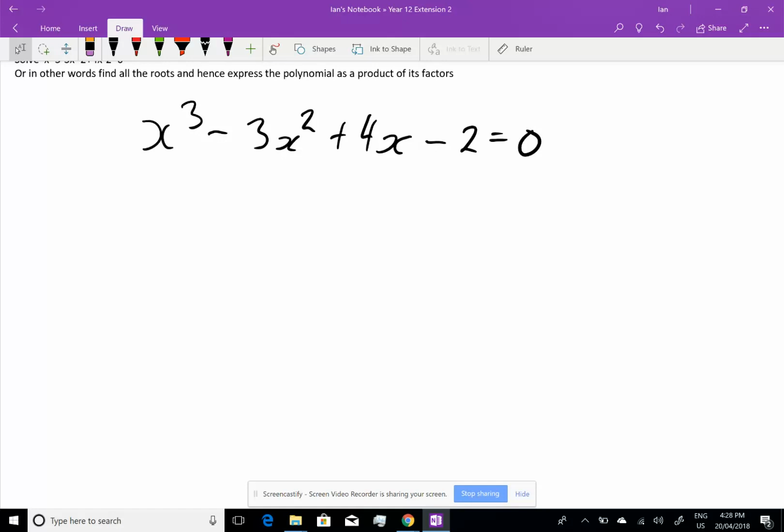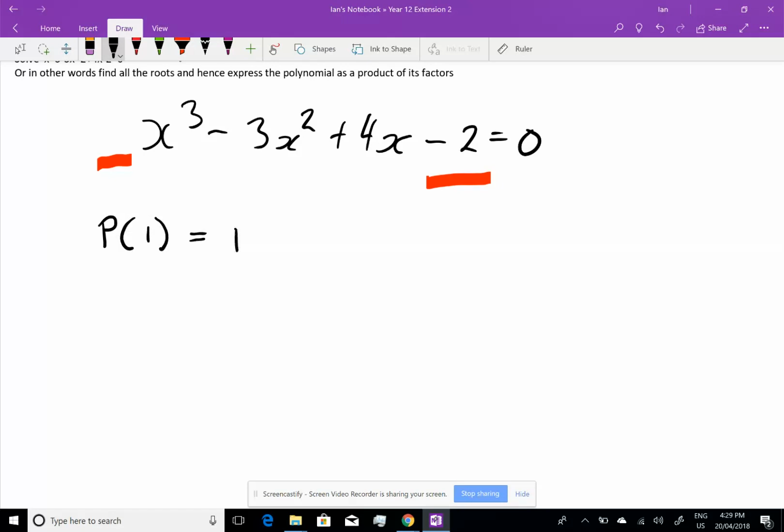So we want to look at this, and if there is an integer one, it has to be a factor of 2, because there's no coefficient of the x cubed. So it's either going to be 1 and negative 2, negative 1 and 2, and that's about it. So let's try p of 1.